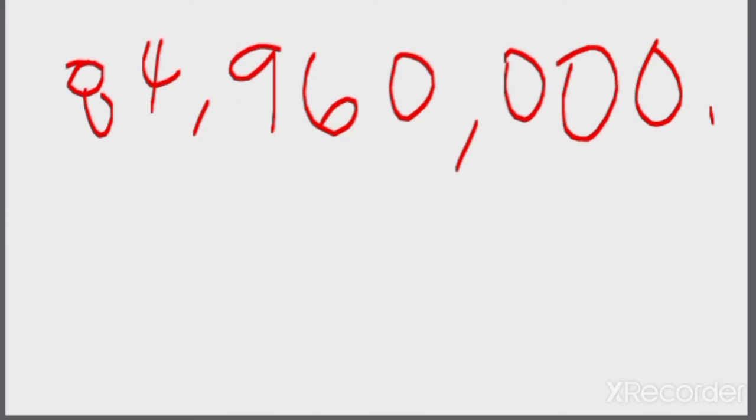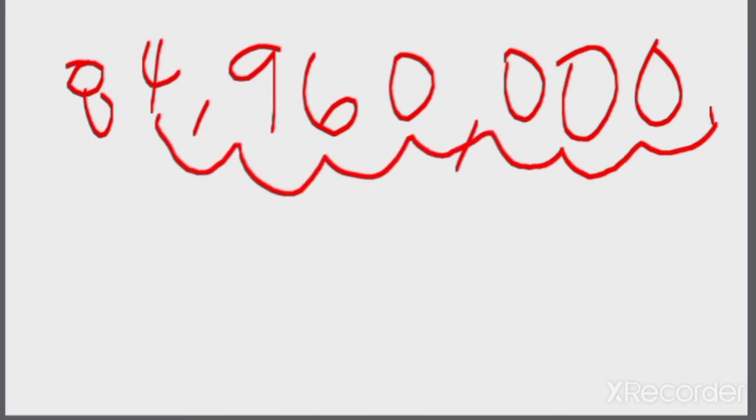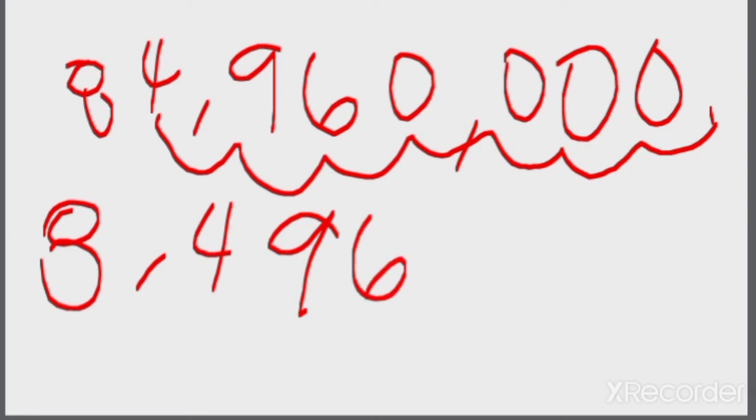So let's count 1, 2, 3, 4, 5, 6, 7. So we have 8.496 times 10 to the power of positive 7.